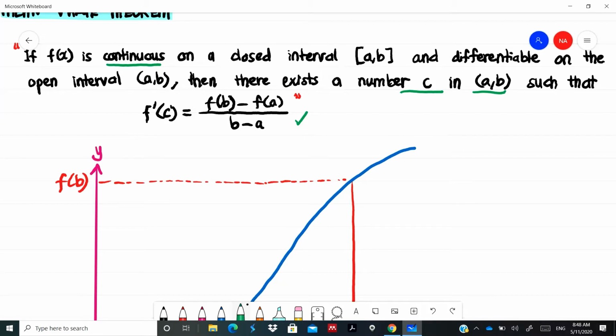What we have to remember in this topic is just this equation, because we'll be using it.